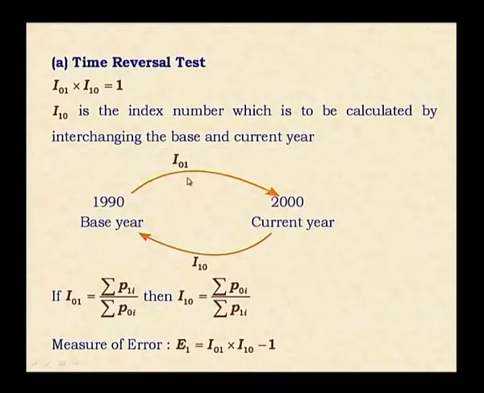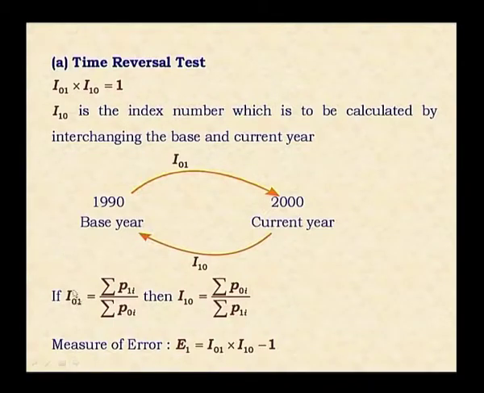Say, for example, here we can see that for I01 in this figure the base year is 1990 and current year is 2000, whereas in case of I10 the base year and current year are interchanged.